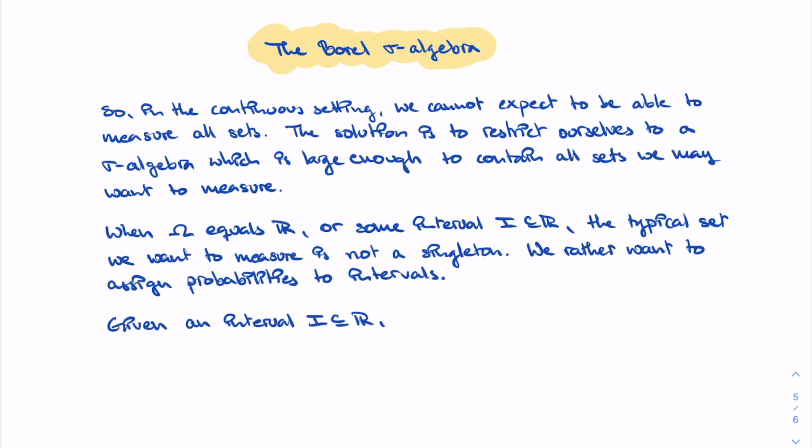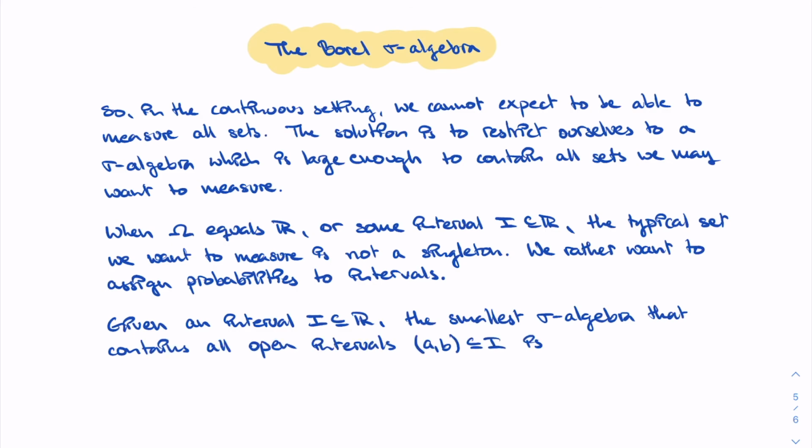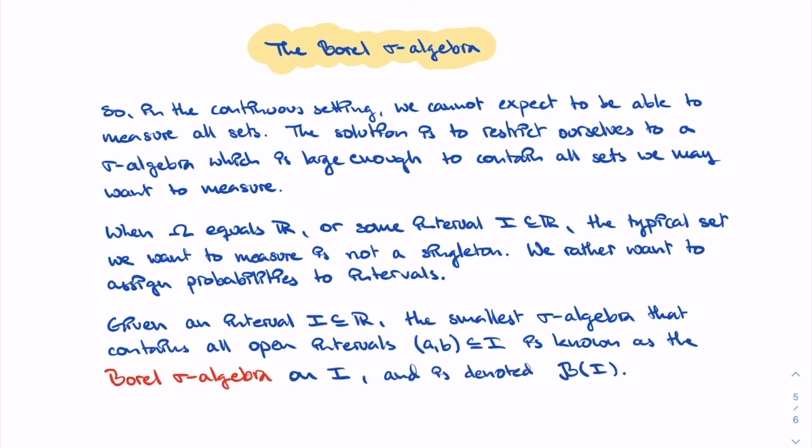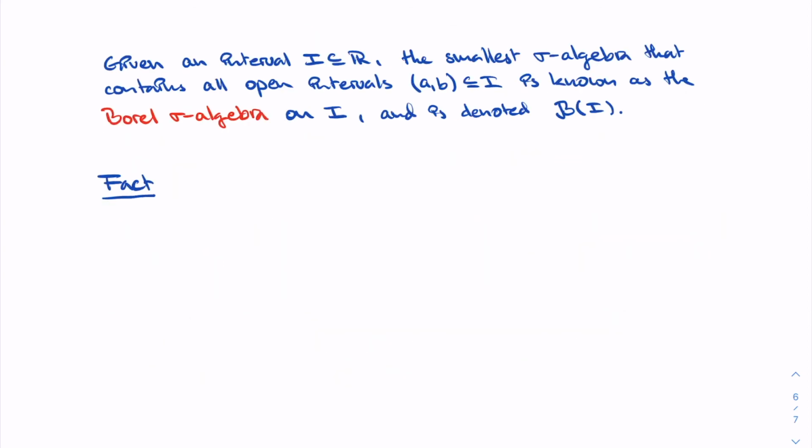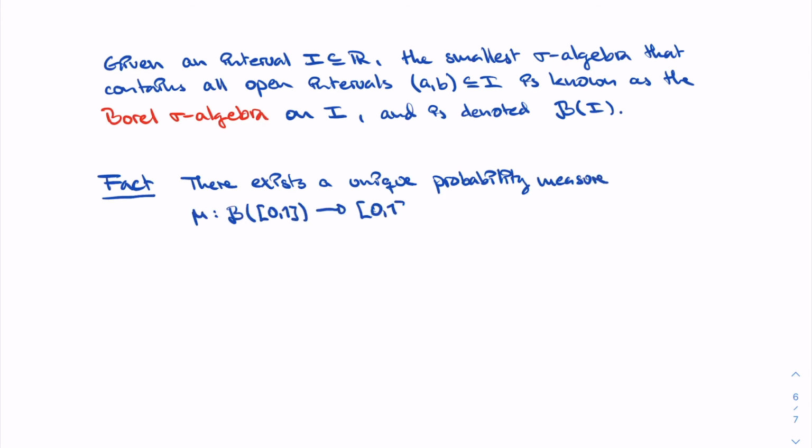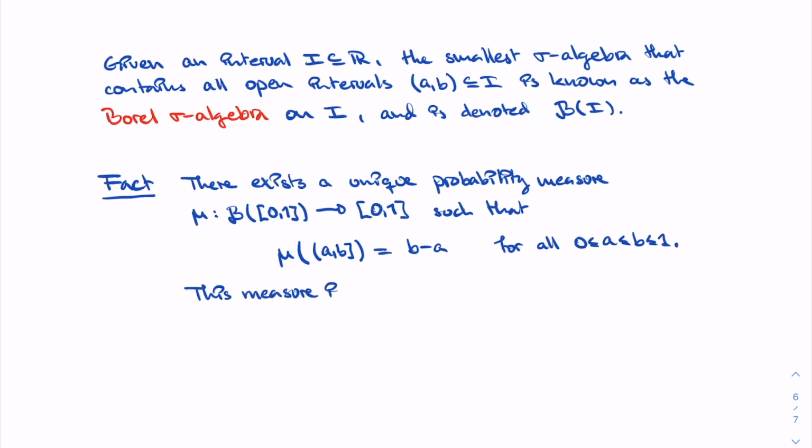Given an interval I, the smallest sigma-algebra that contains all open subintervals of that interval is known as the Borel sigma-algebra on I, and is denoted by B of I. One may show that, for the interval 0, 1, equipped with this Borel sigma-algebra, there exists a unique probability measure where the measure of an interval is its length.